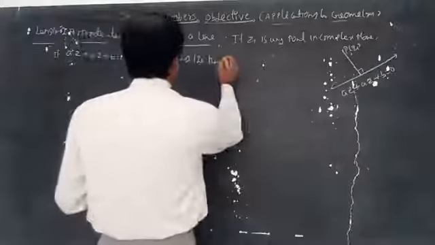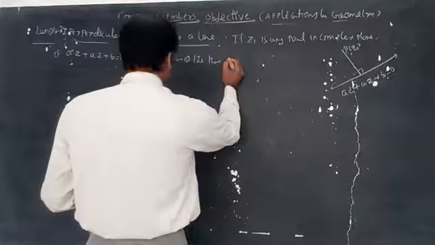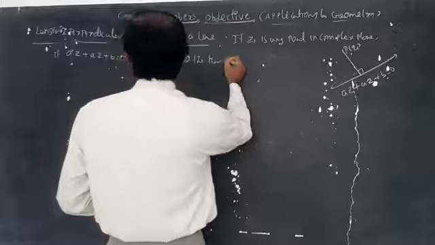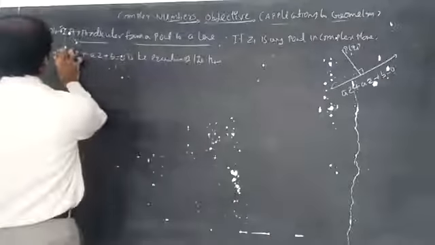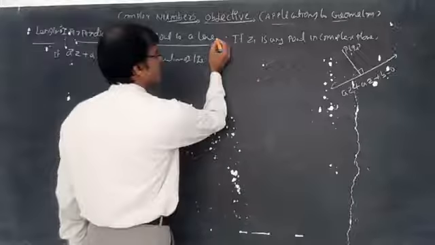Then the formula for the length is as follows, where A bar Z plus A Z bar plus B is equal to 0 is the equation of this line.